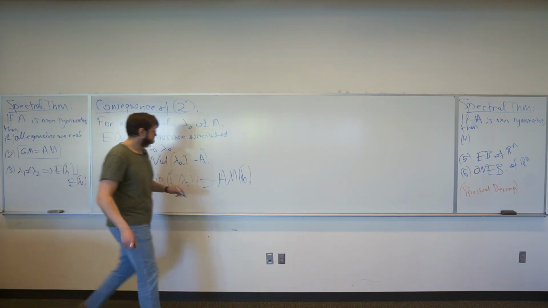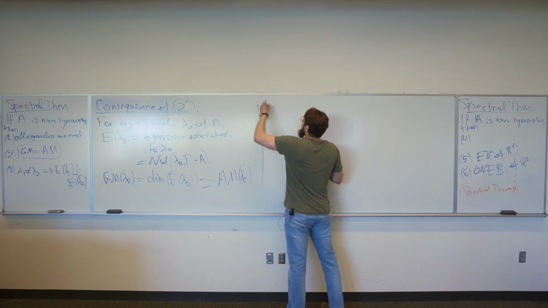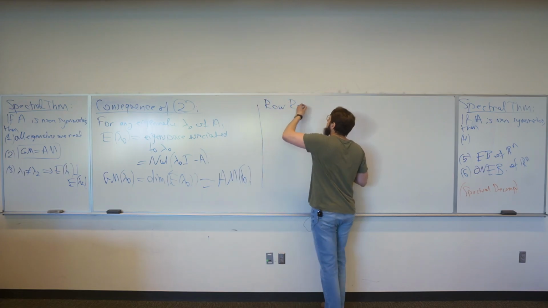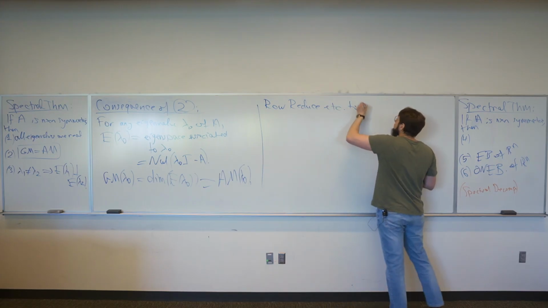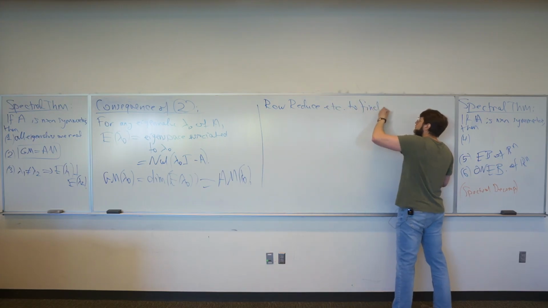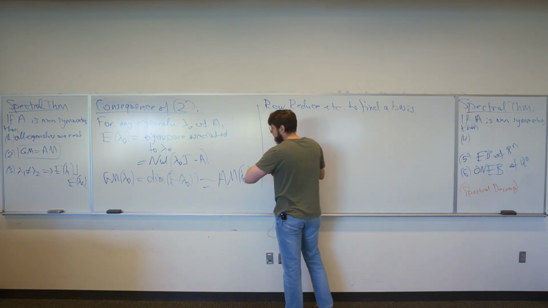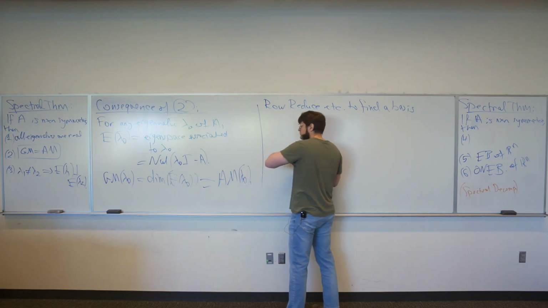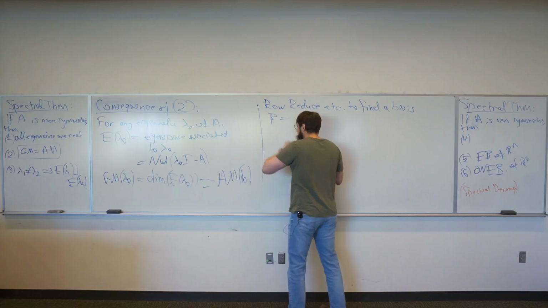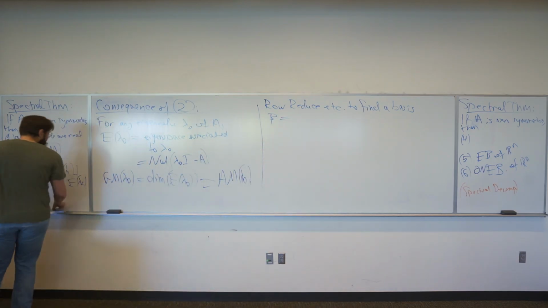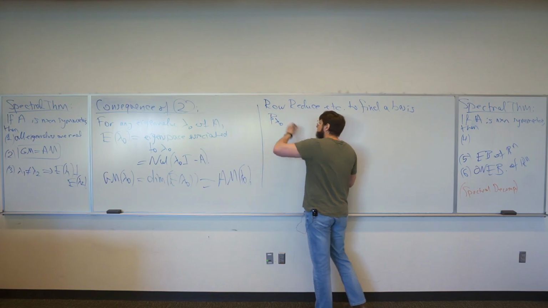Okay, let me write it. Row reduce, etc., to find a basis. How should we write this? Let's write it like this, beta sub lambda 0, just to be clear about the dependency.